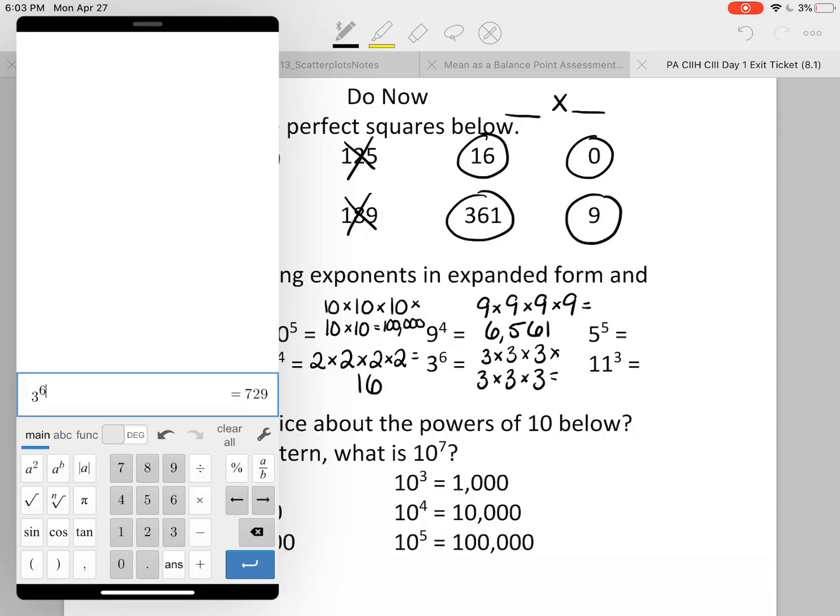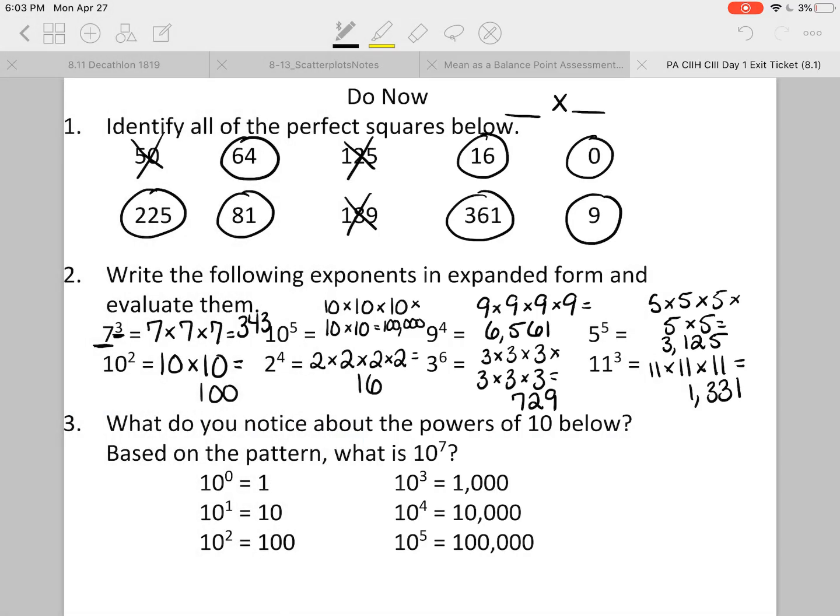And 3 to the power of 6 is equal to 729. 5 to the power of 5 is equal to 5 times 5 times 5 times 5 times 5. And 5 to the power of 5 is 3,125. 11 to the power of 3 is 11 times 11 times 11. And 11 to the power of 3 is 1,331.